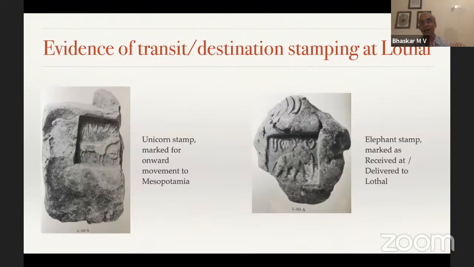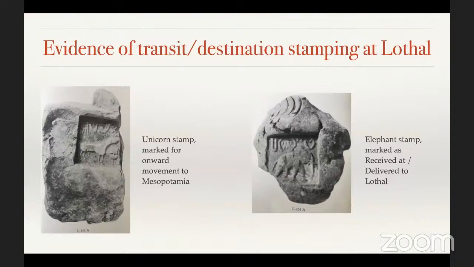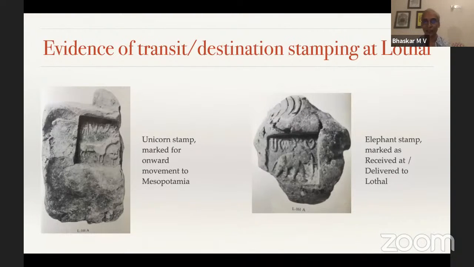So from here, I'm making a leap. These were both found in Lothal. Lothal is a port. Lothal is the opening to the sea route from the Indus Union to the Western trade, to Oman, to Bahrain, to Mesopotamia, and to Persia, and so on.